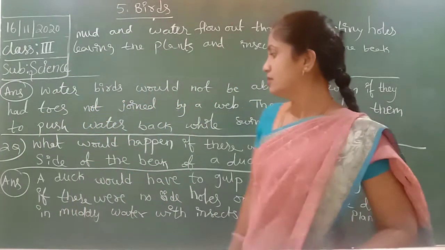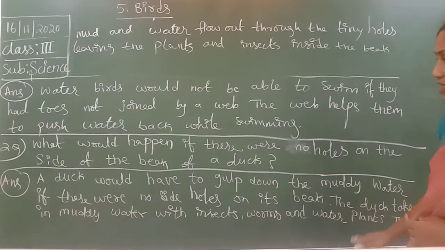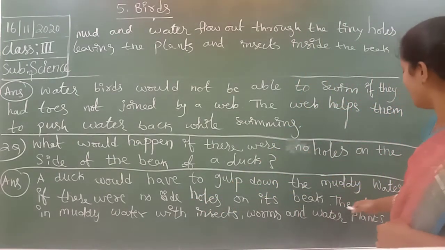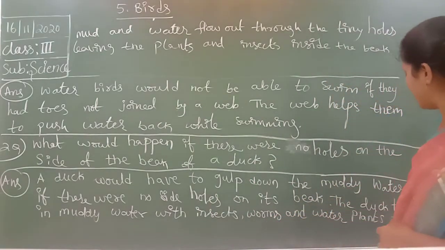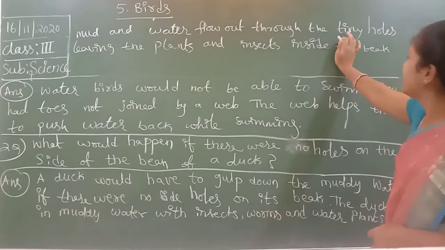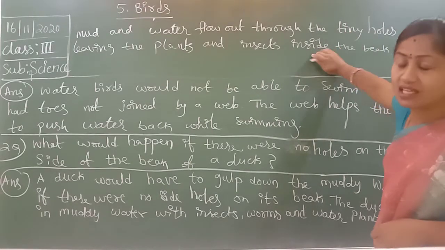So a duck would have to gulp down the muddy water if there were no side holes on its beak. The duck takes in muddy water with insects, worms and water plants. The mud and water flow out through the tiny holes, leaving the plants and insects inside the beak.